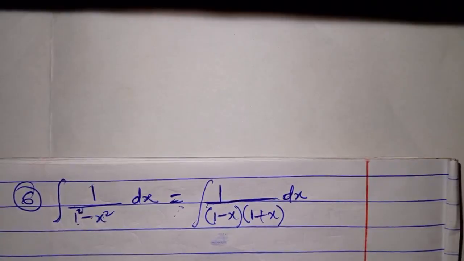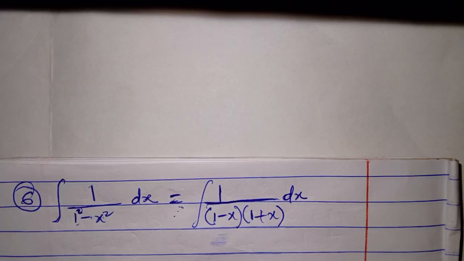So we can resolve this into partial fractions. This is not a standard integral. So we must resolve it into its component partial fractions to obtain simpler expressions that can be easily integrated.